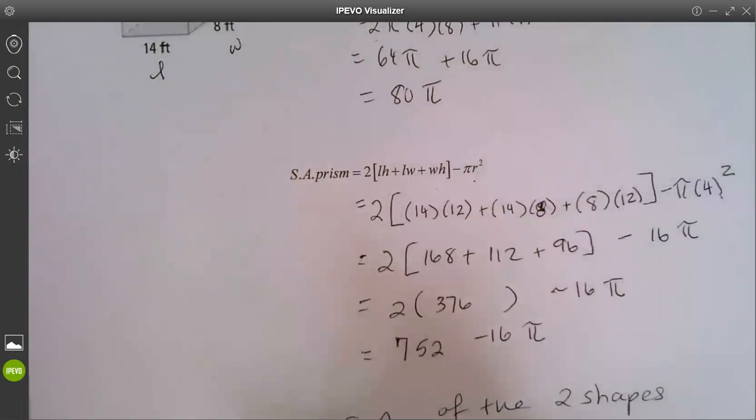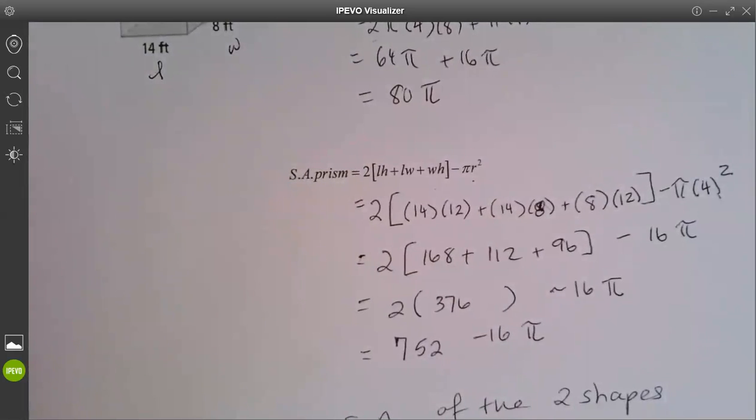So now we're going to combine the two shapes. So we're going to have 80 pi plus 752 minus 16 pi. So that's 752, and 80 minus 16 is 64 pi. And our units are feet squared. Sorry, it's not metric, it's imperial. And this is an exact answer.